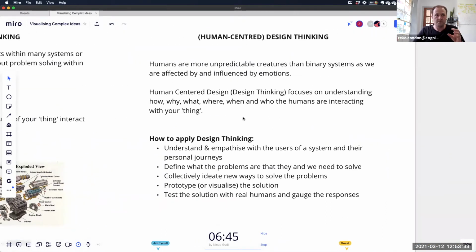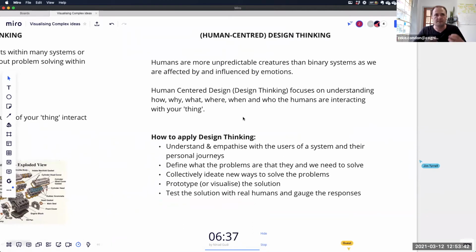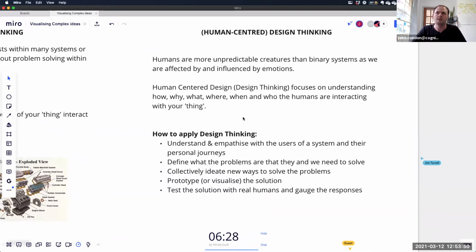Now, the other one that I'm slightly more fond of and well-versed in is human-centered design, or design thinking. This is taking a problem that you have and taking a human-centered approach to both thinking about the problem and solving the problem.